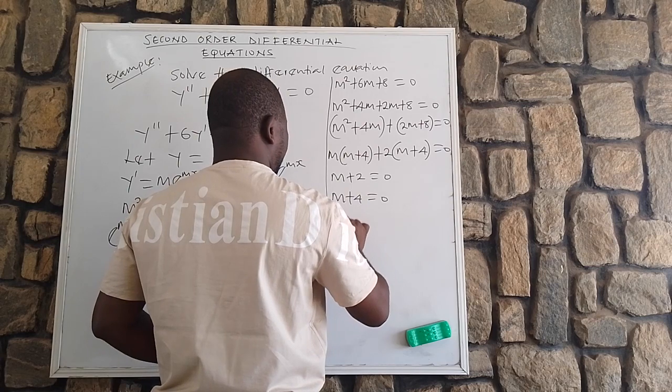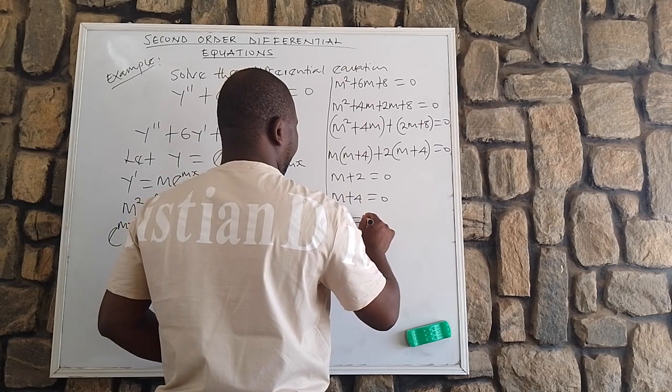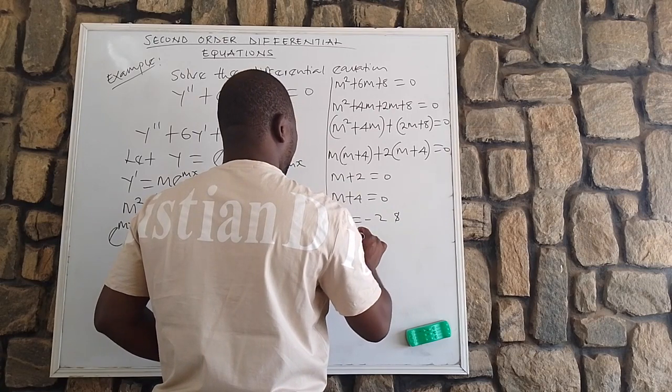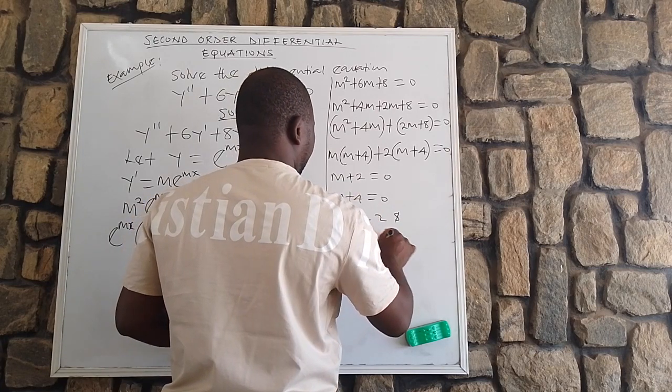So either m1 is equal to minus 2, and m2 is equal to minus 4.